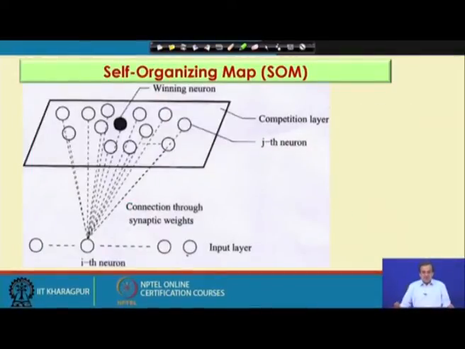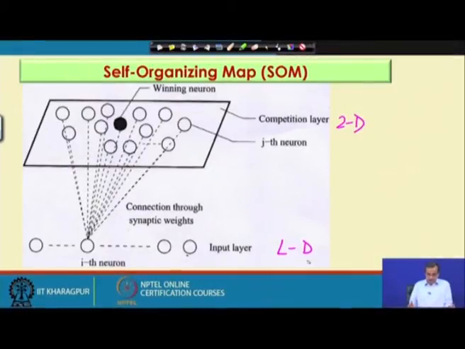Now, this shows the schematic view of the self organizing map. Let us try to understand what is there. Supposing that the input layer is in higher dimension, say L dimension, and we have the competition layer in a lower dimension, say 2D.